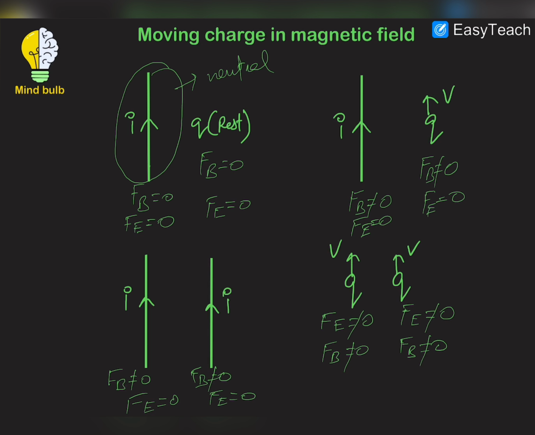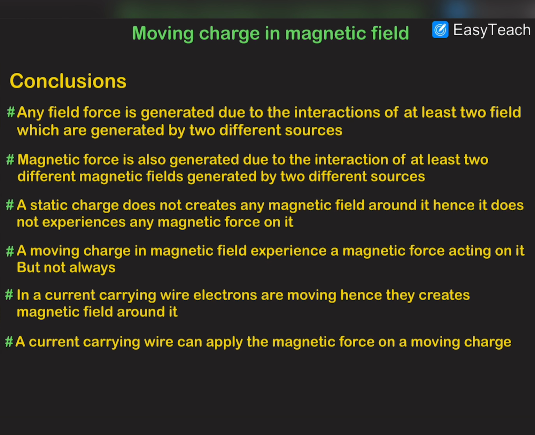Okay, so this is a very important basic of the magnetic field, that a moving charge in a magnetic field will experience a magnetic force. Now let us see what conclusions we have drawn. First is that any field force is generated due to the interaction of at least two fields which are generated by two different sources.